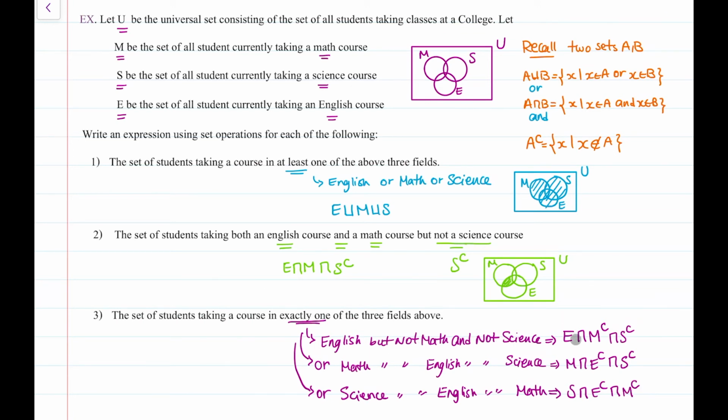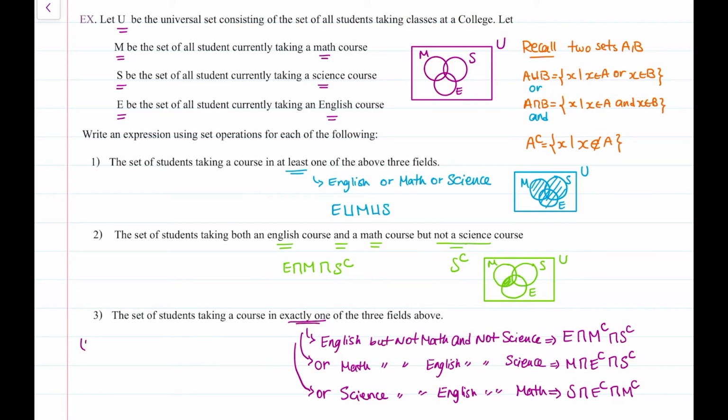Okay, and so in these cases, one of them is taking just English, the other one is taking only math, and the last one is taking only science. But there is an or between them, because in all of these cases we have students who are taking just one course. So the answer for this question would be the union of all these cases.